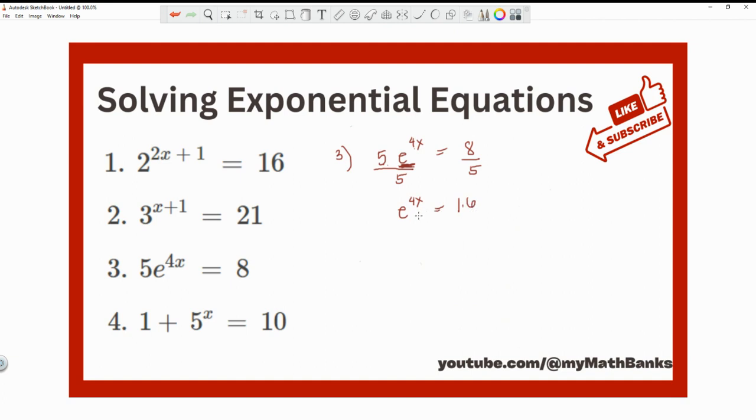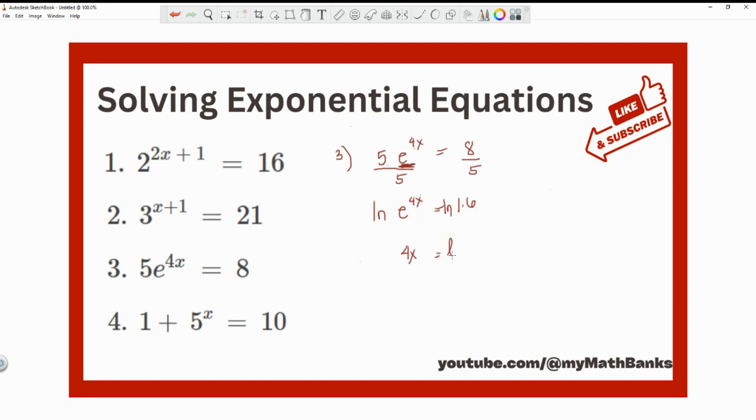Now e is just like exponential, only that this is special. So if it's e, you don't put log, you put ln. I'm going to put ln here and also put ln on the other side. Now ln of e to the 4x would just give you the exponent, because the ln and the e cancel out.